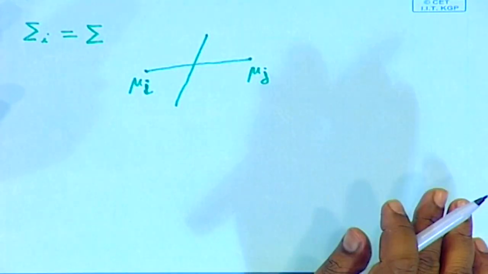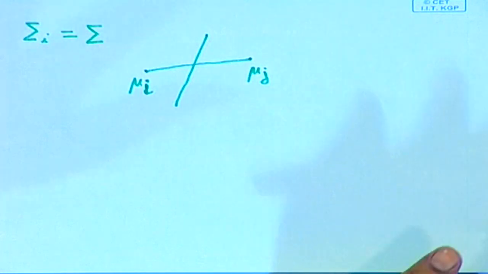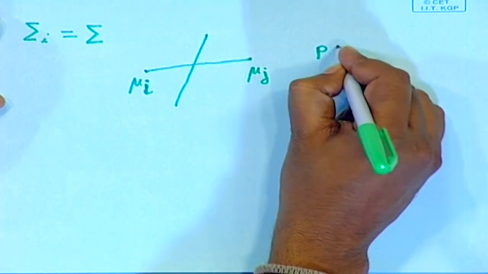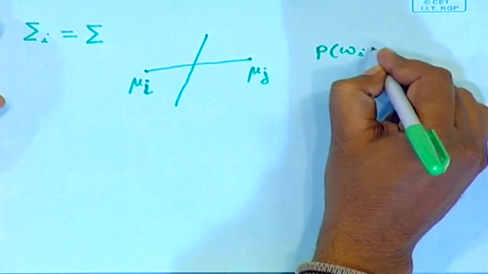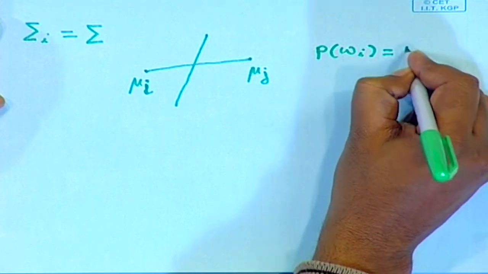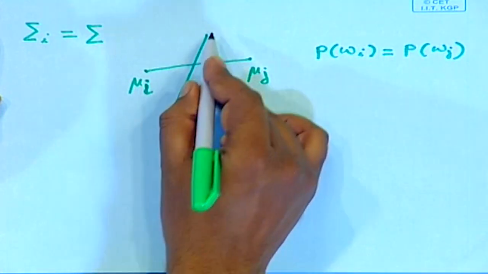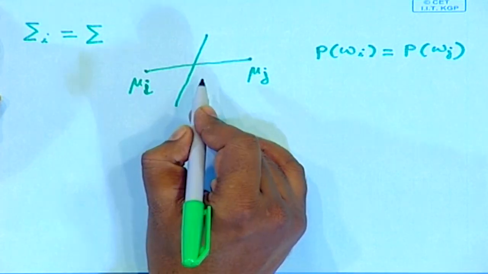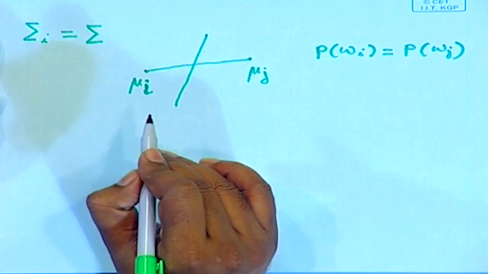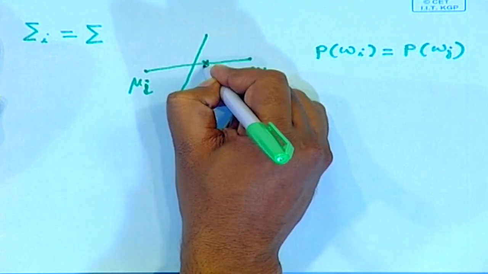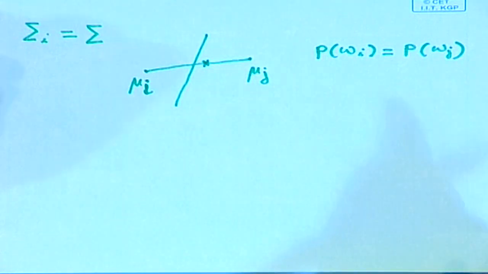However, the decision surface is a hyperplane, or it represents a linear equation. And here again, if the a priori probabilities P of omega i is the same as P of omega j, then this decision surface, though it is not orthogonal to the line joining mu i and mu j, will pass through the point which is midway between the points mu i and mu j.